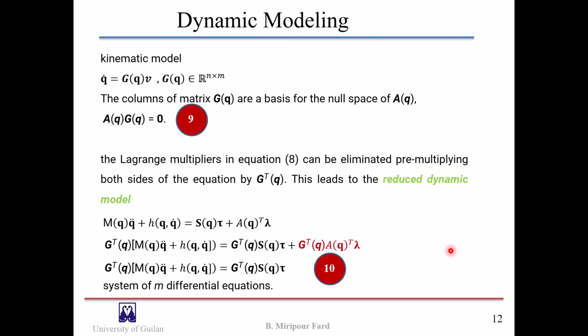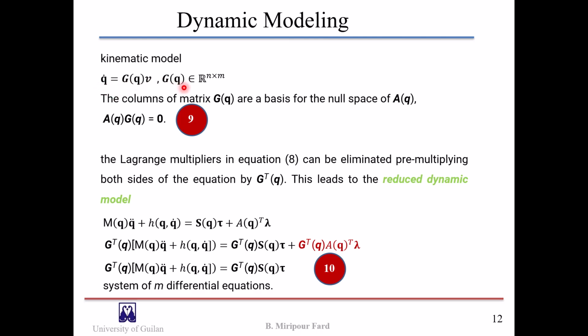To eliminate the Lagrange multipliers in the general dynamic equation, we can follow the following procedure. We remember from the kinematics that matrix G maps actions to the rate of pose changes.